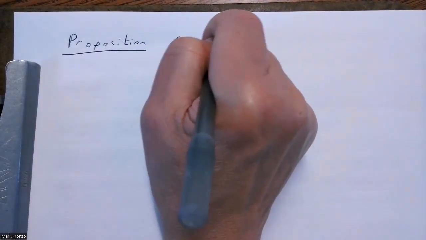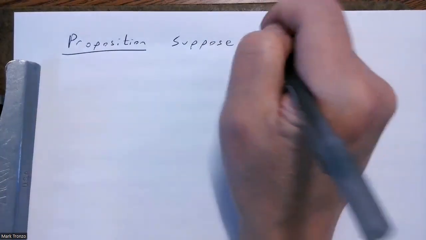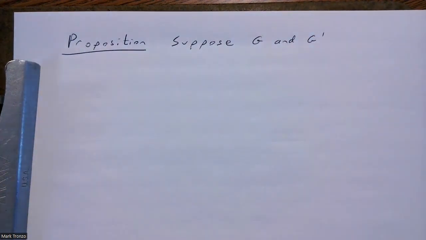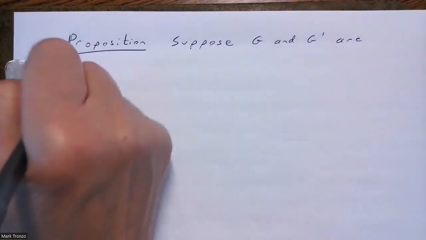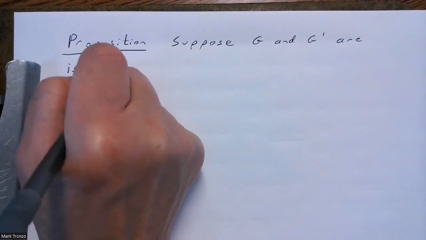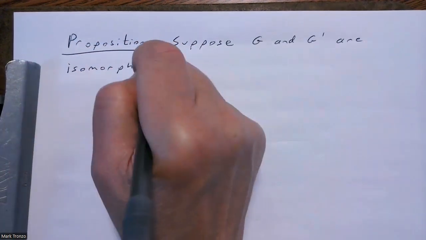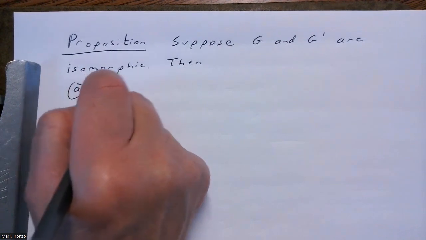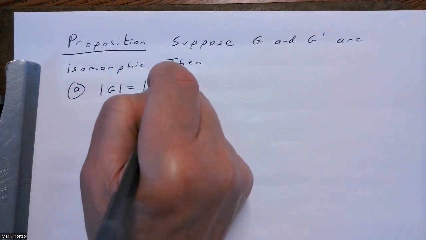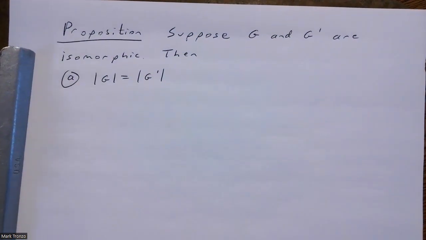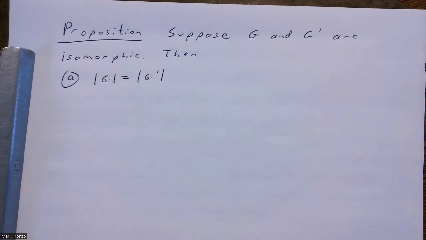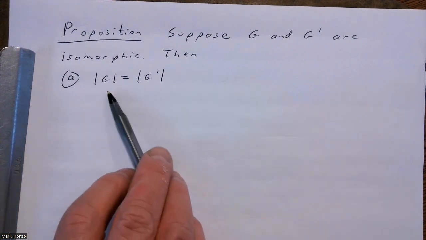Suppose G and G prime are isomorphic. Then A, the order of G is going to be equal to the order of G prime, which kind of makes sense, though we haven't looked at a lot of details.